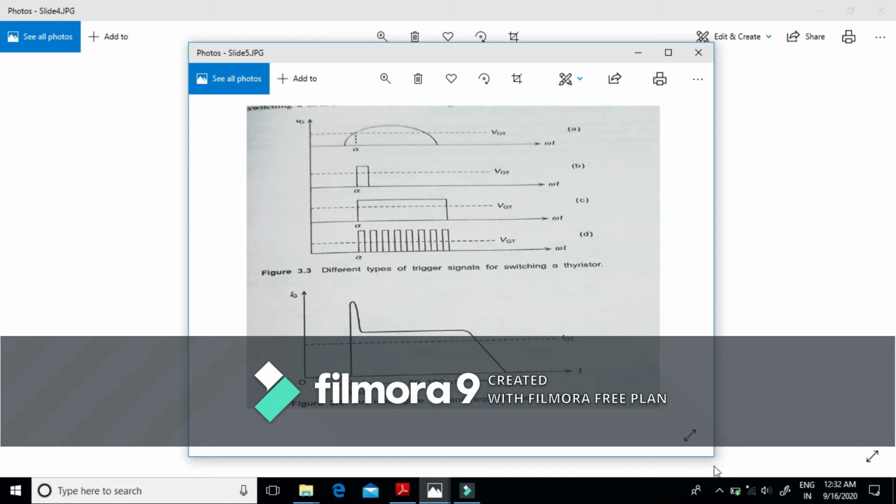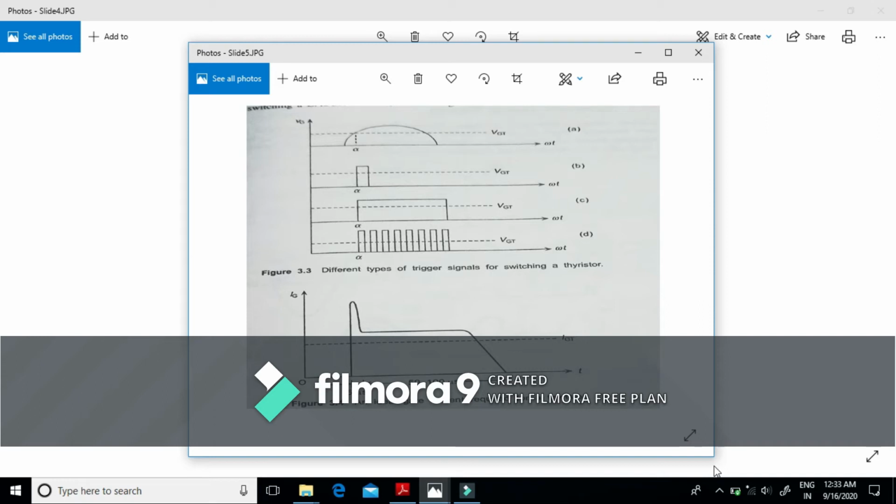The initial high magnitude and rapid rise in gate current quickly turns on the device as the carriers spread throughout the layer of the blocking junction J2. This decreases the switching losses and increases the initial di by dt capability of the device.